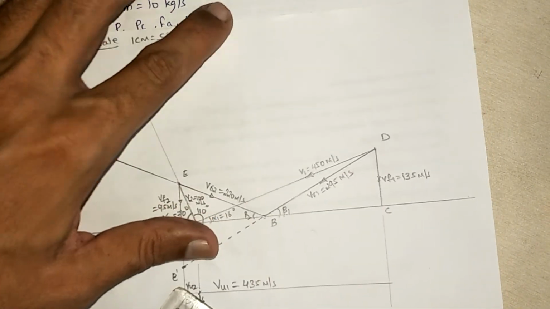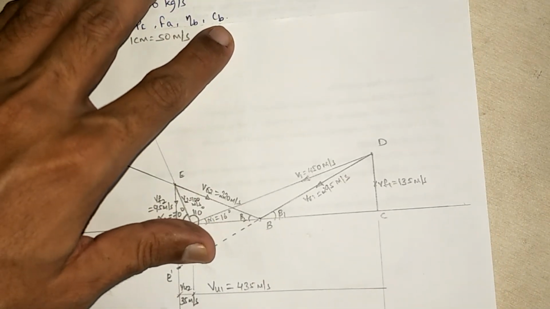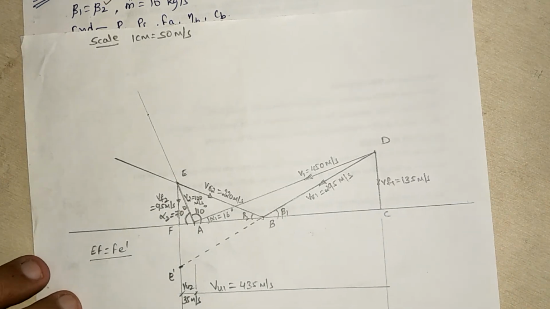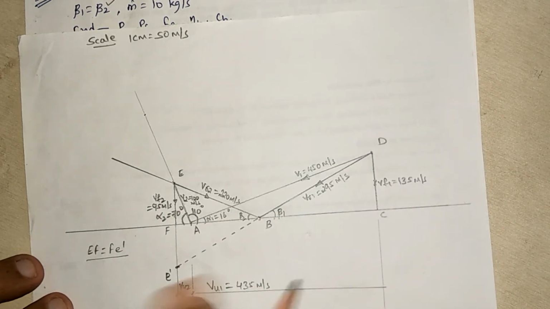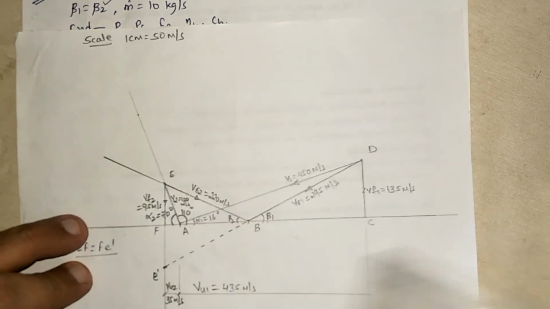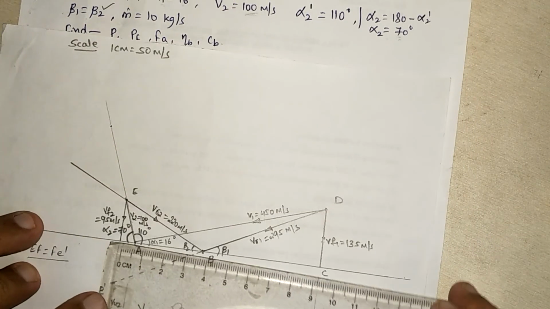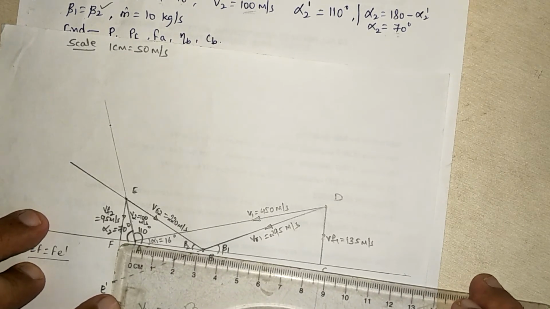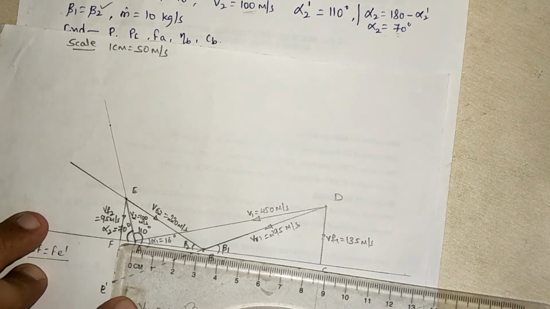Now I'm going to write down the values and angles. U is also to be calculated. The length of AB is nothing but u.